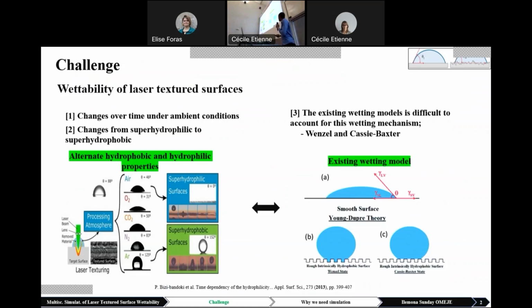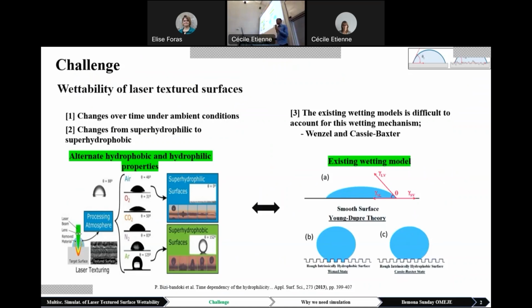And lastly, for the existing wetting models, such as the Wenzel and the Cassie-Baxter model, it's difficult to account for the wetting mechanism. So in this project, we want to address some of these challenges in order to give a perspective and understanding of how the wettability of a laser textured surface changes over time.